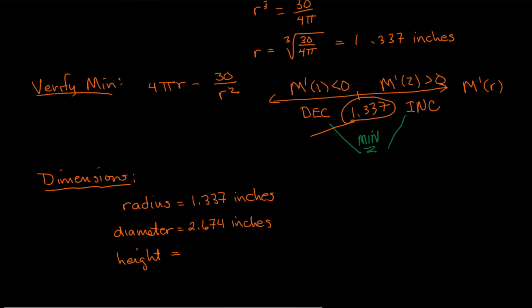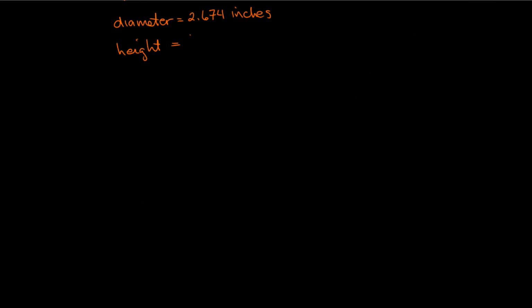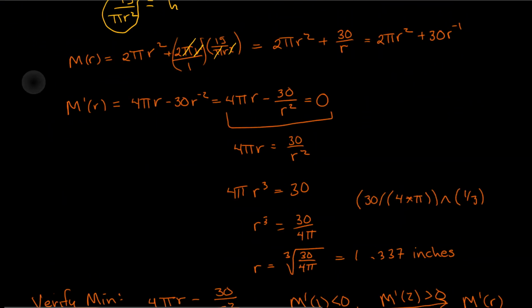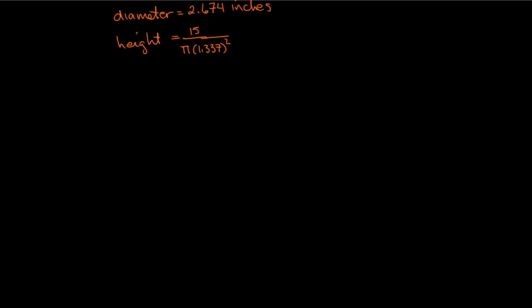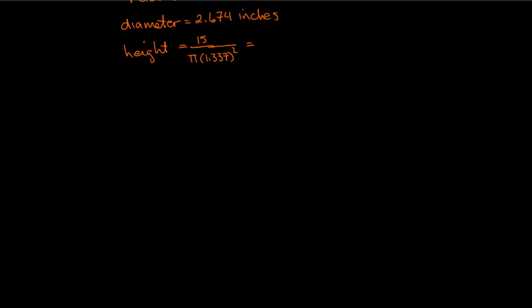It's 15 divided by pi r squared. So this is going to be 15 divided by pi times this 1.337 squared. I'm going to go back up and check my height once more just to be sure. Yep. Okay, so at this point, the height is going to be 15 divided by, and I'm going to do a parentheses here, pi times 1.337.